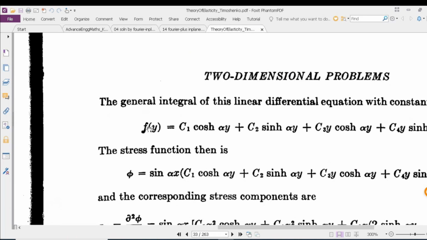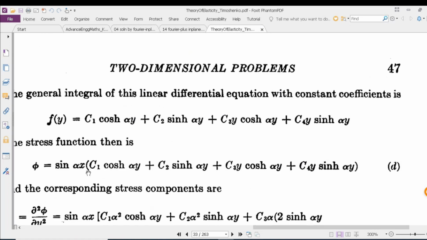We can plug the values of f of y in our phi equation and we will get phi equal to sine alpha x times small bracket c1 cos hyperbolic alpha y plus c2 sine hyperbolic alpha y plus c3 y cos hyperbolic alpha y plus c4 y sine hyperbolic alpha y.